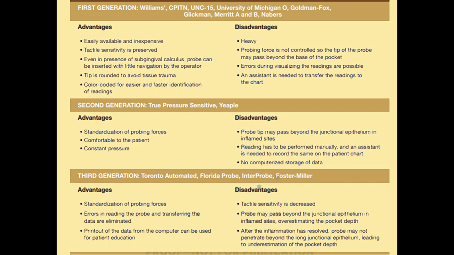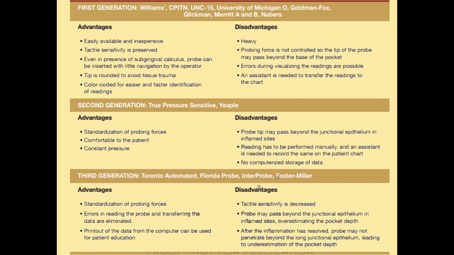Tactile sensitivity is preserved even in the presence of subgingival calculus. Probe can be inserted with little navigation by operator because it is manually operated. Tip is rounded to avoid tissue trauma. Color coded for easy and faster identification of reading.